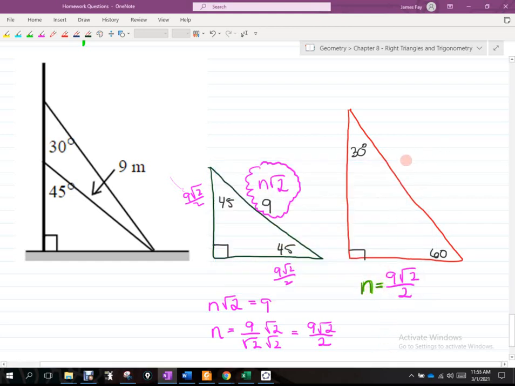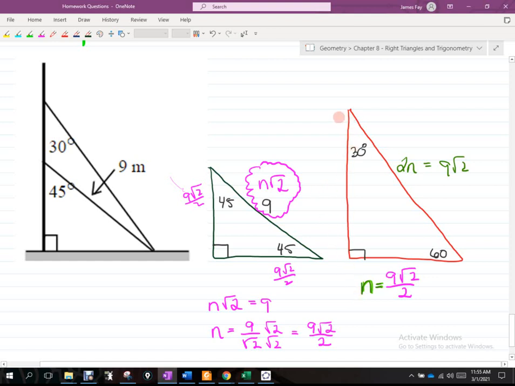Okay. What is this side over here referred to as in a 30, 60, 90? That's 2n. So if this is n, then 2n would just be double that, right? If I double something with a denominator of 2, don't they just cancel the 2's? So 2n is going to be 9 radical 2.